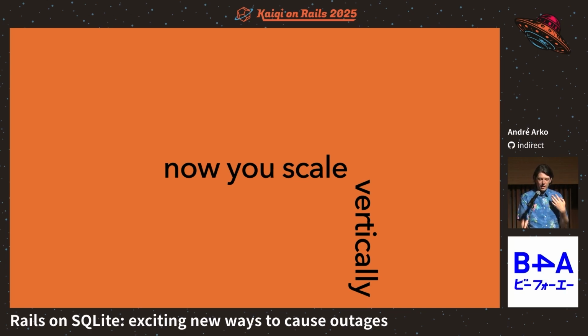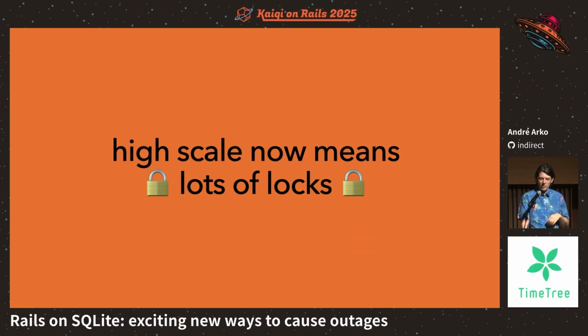But once you've scaled your wildly popular application vertically to the moon, you discover another limitation of SQLite, which is that it's just one file on disk. If you have dozens of Ruby processes and hundreds of threads in many web servers and background job workers all trying to share this one single database file all at the same time, there's probably going to be a lot of contention.